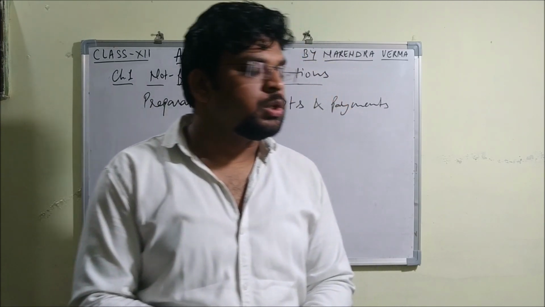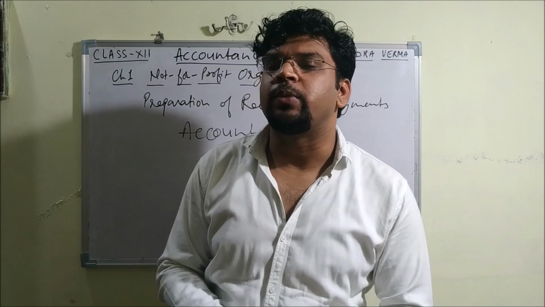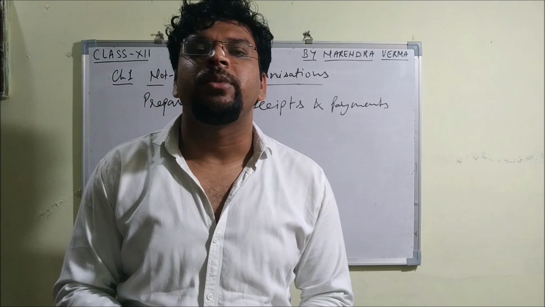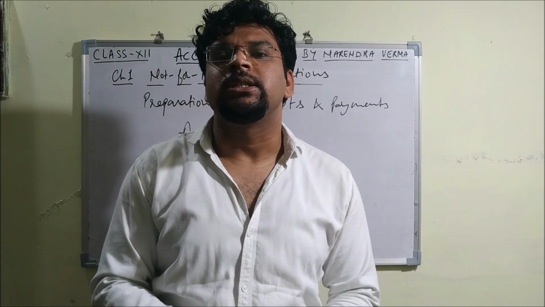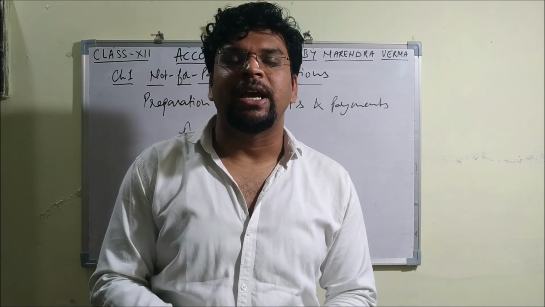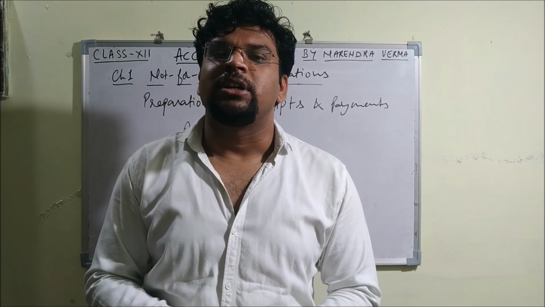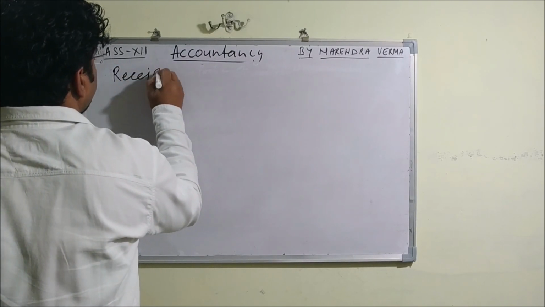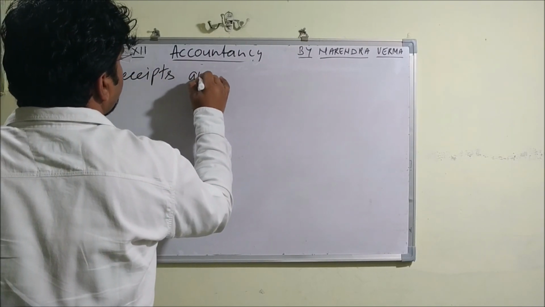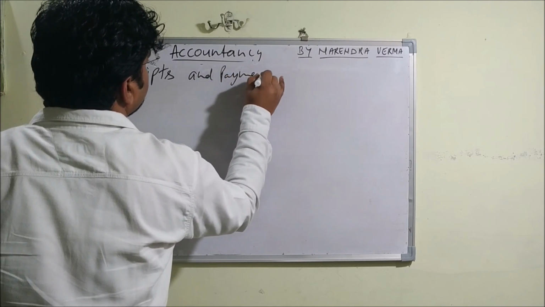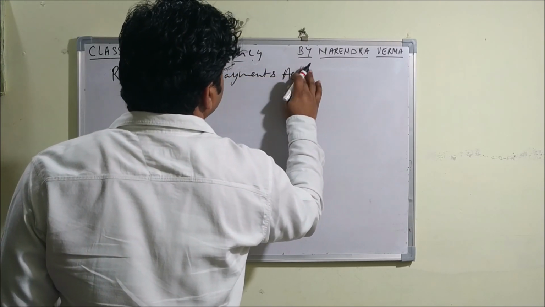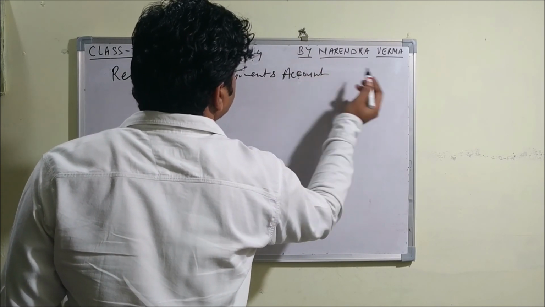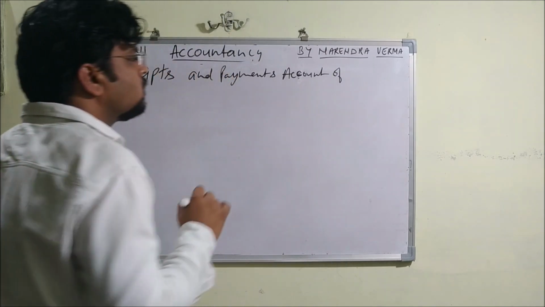Fine. As I have explained the complete format, we will follow that format only. As much information as is given in this question, we will utilize and prepare our receipt and payment account. See how. Very first we will give the heading Receipts and Payment Account of, what is the name here?